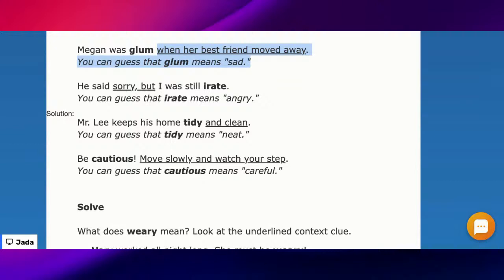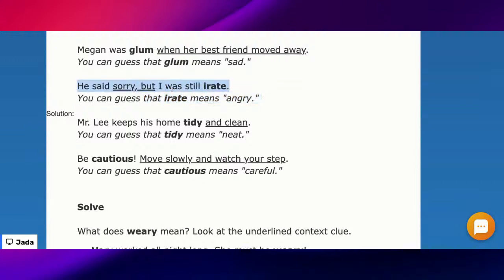So it's your first time to see the word irate, but you're not certain what it means. Does it mean happy? Does it mean sad? We don't know what irate means. So you can guess that irate means angry, because it said he said sorry, but I was still irate.